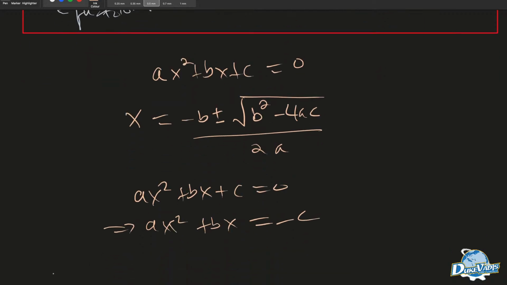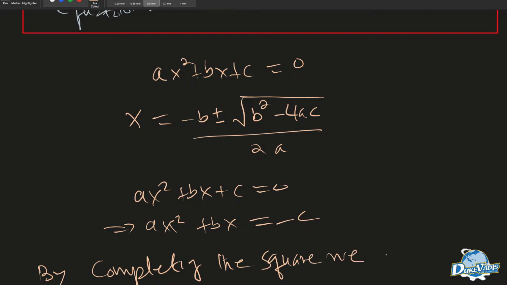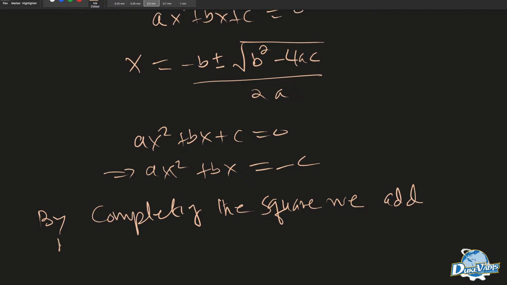Then if you remember, by completing the square, we add (b over 2a) squared.